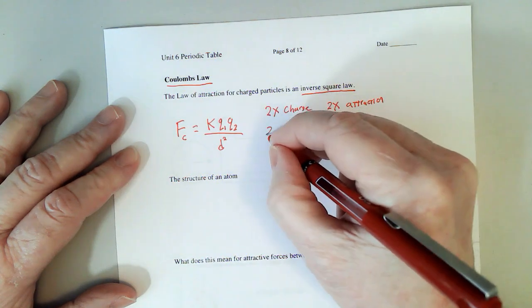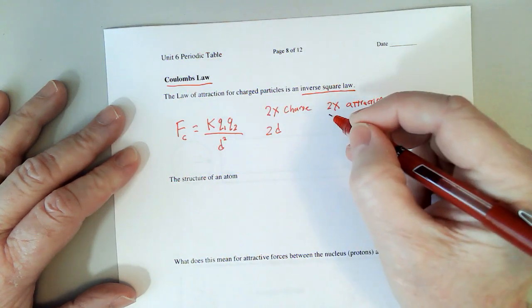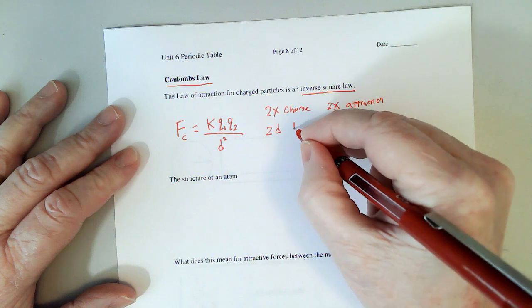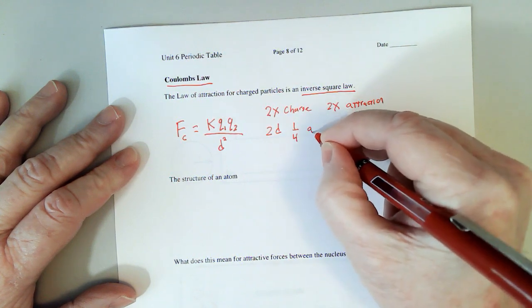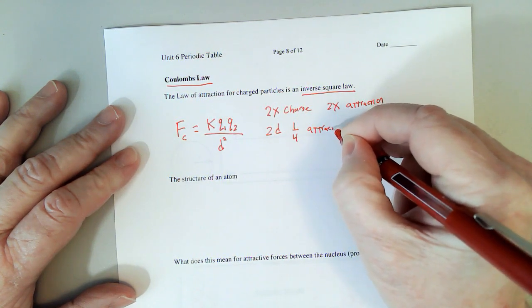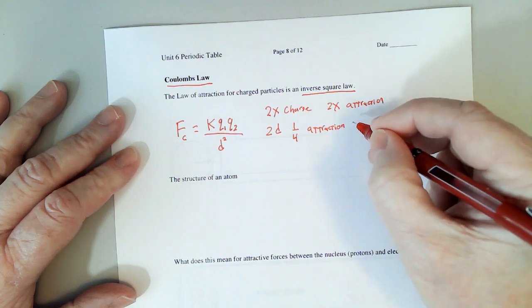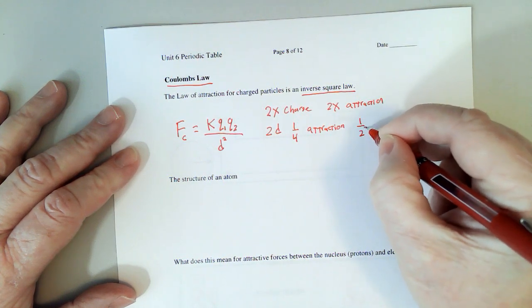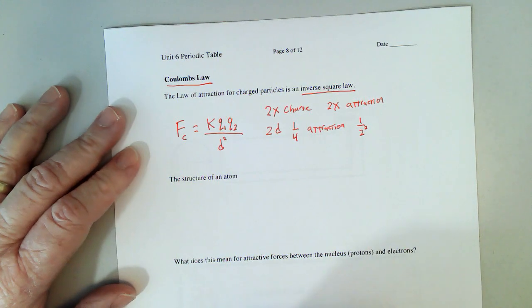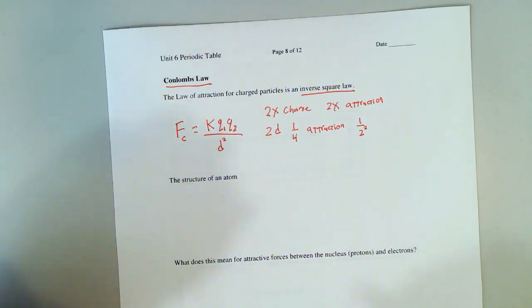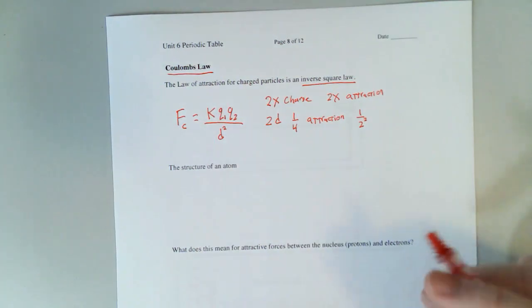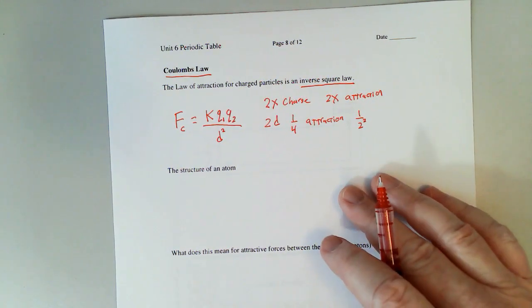But if you have 2 times the distance, you get 1/4 of the attraction, because it's 1/2 squared. Okay?